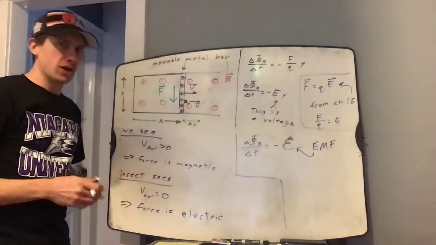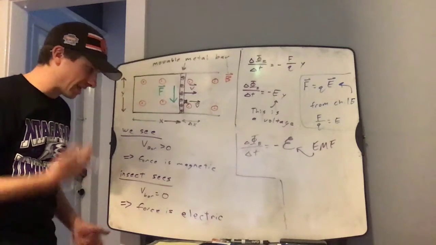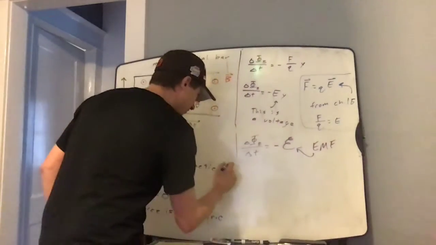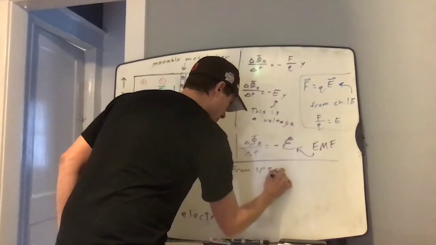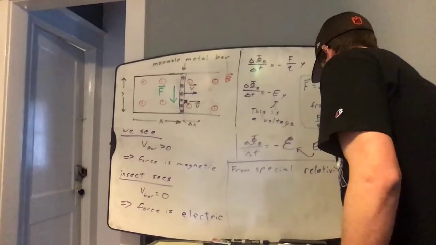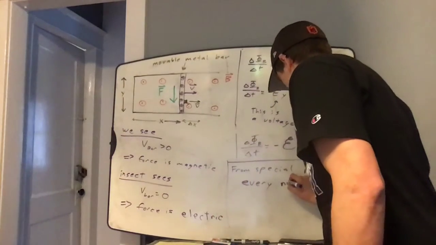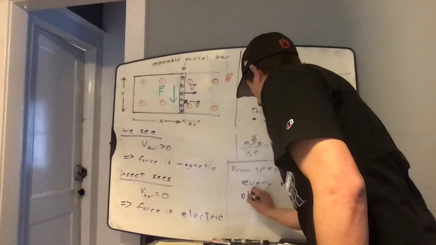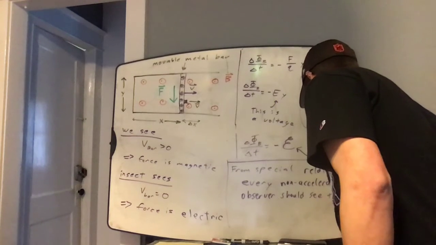Now, one of the rules of special relativity is every non-accelerated observer should see the same physics.